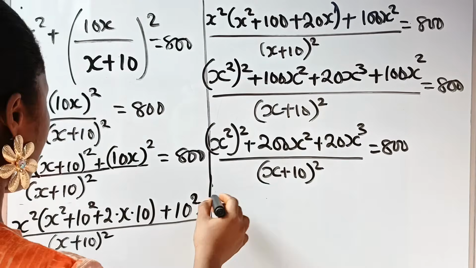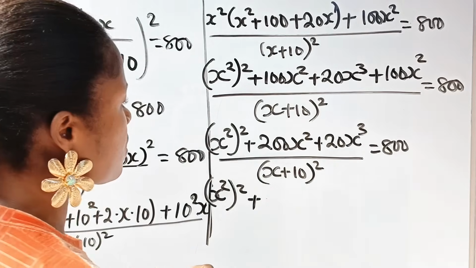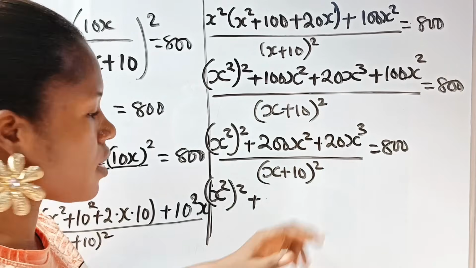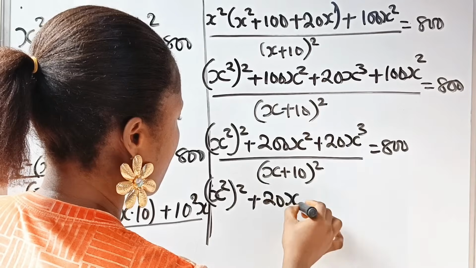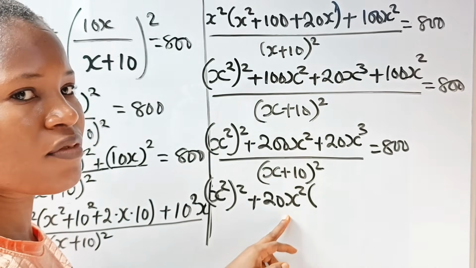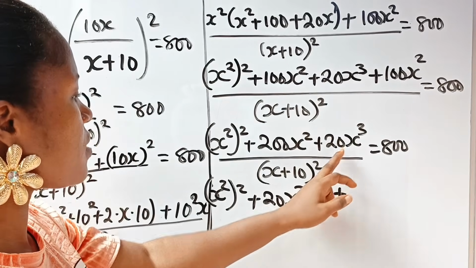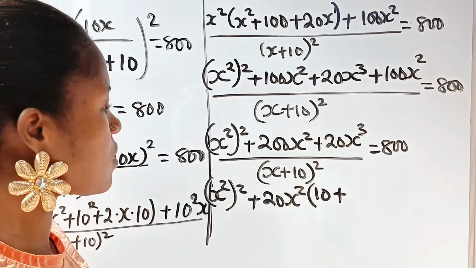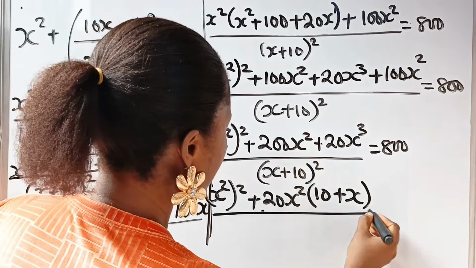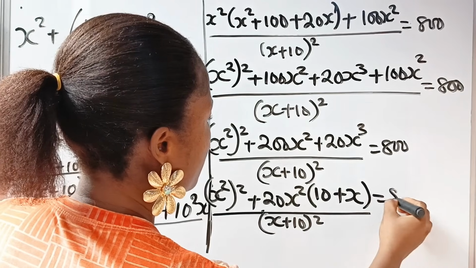So we have x squared raised to the power of 2 plus, now we have a common term between these, and that is 20x squared. So write 20x squared, open bracket. When this is divided by this, we have 10. So we have 10 plus, when this is divided by this, only one x will remain, 10 plus x. Now everything divided by x plus 10 raised to the power of 2.